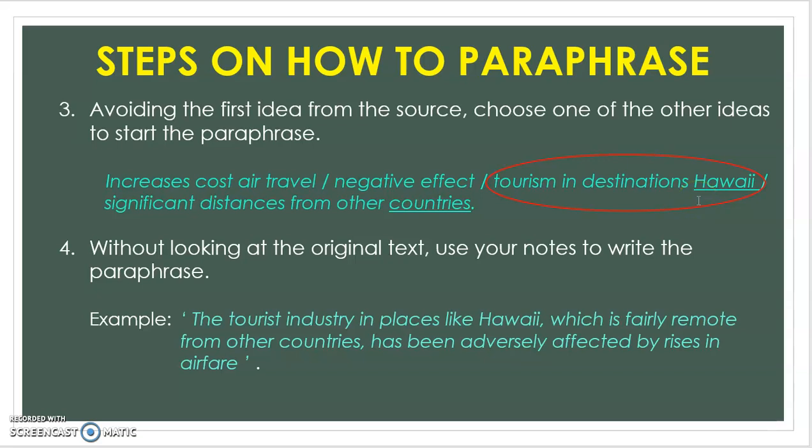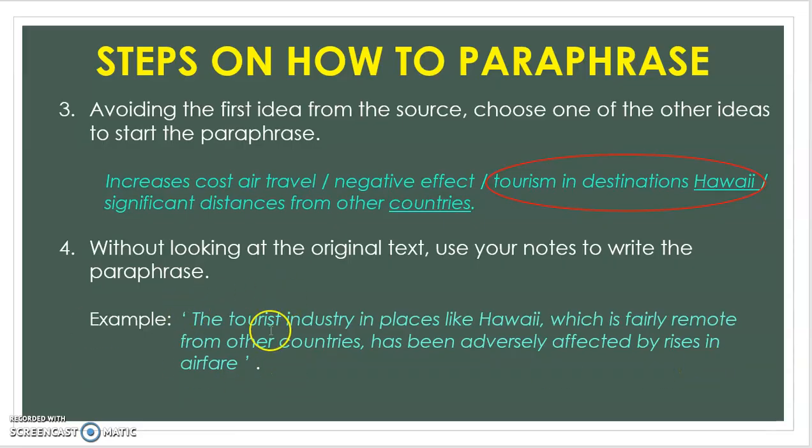And then step number 4, without looking at the original text, your source, use your notes that you jotted down from the source to write the paraphrase sentence. So for example here, starting out with this point: tourism industry in places like Hawaii, which is fairly remote from other countries, has been adversely affected by rises in airfare.